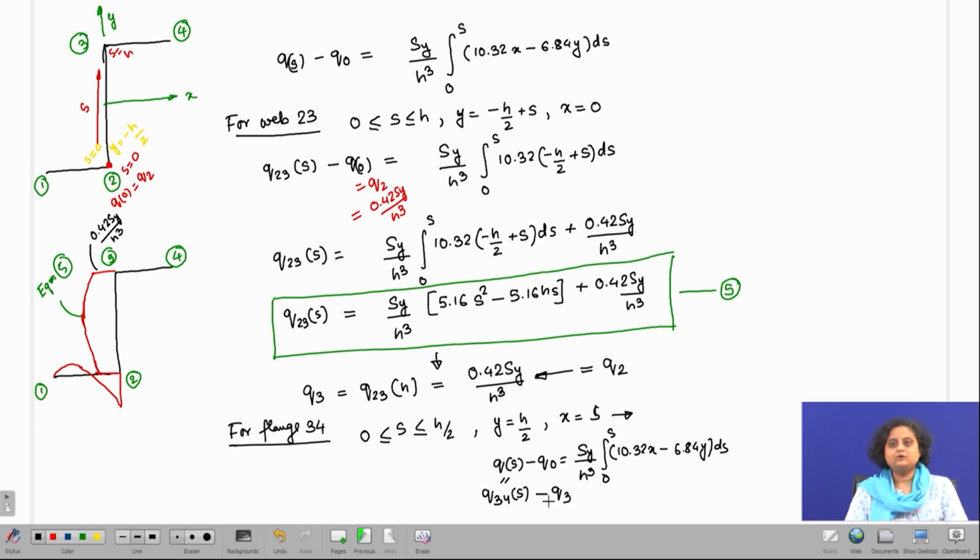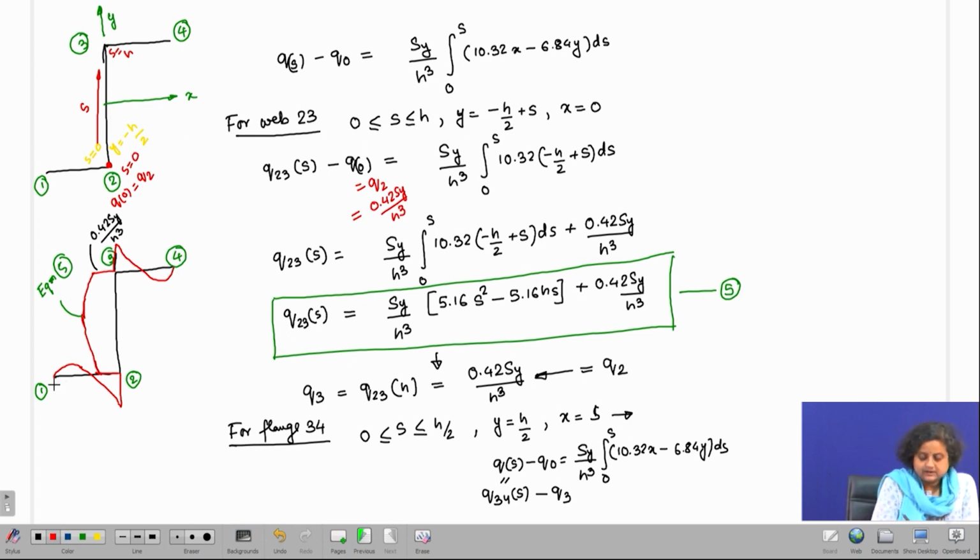We can find out in this way, but also we can use the antisymmetry property of the cross section and can directly say that the distribution of shear flow in portion 3-4 is going to be just like that of Q12. So, this can be directly said.